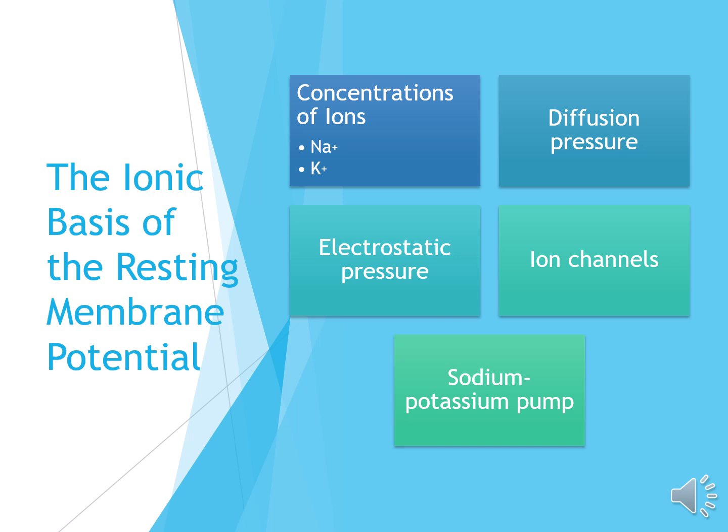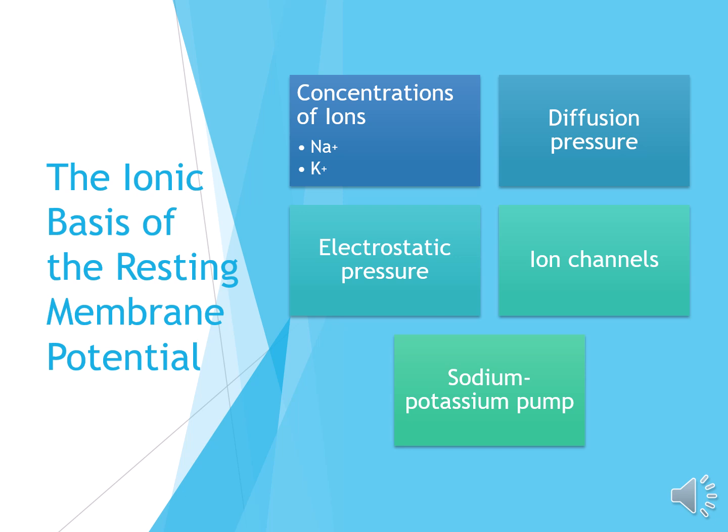The electrostatic pressure disperses any accumulation of positive or negative charges in an area. Ions pass through the cell membrane at special pores called ion channels. When neurons are at rest, the membrane is resistant to the passage of Na+ ions, and only slightly resistant to the passage of K+ ions.